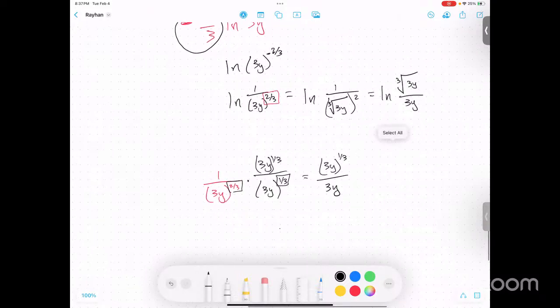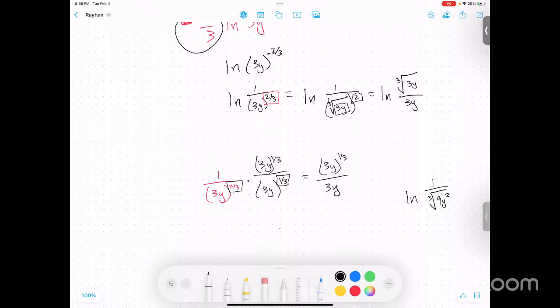Yeah, so on the homework key for us, it says the answer is natural log, and then it's 1 over the cube root of 9y squared. The cube root of 9y squared. Yeah. So all he's doing there is taking this 2 and putting it inside here.